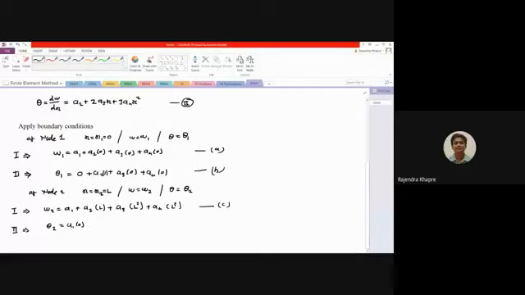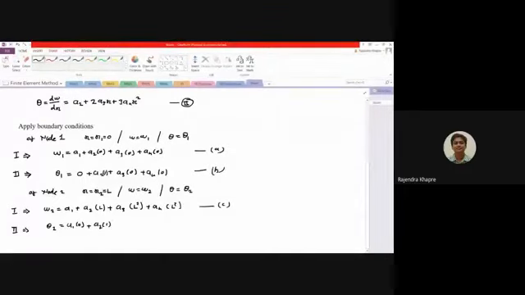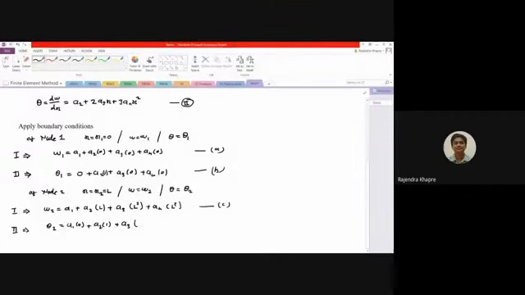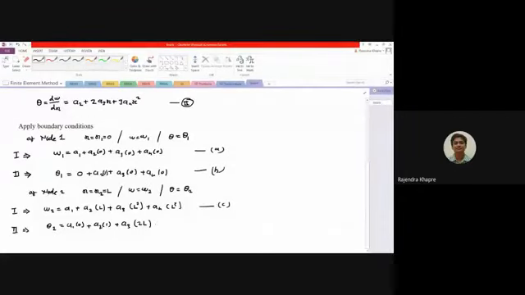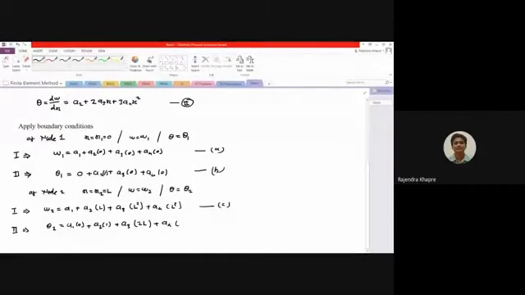Plus we have the a2 value multiplied by 1 because there is no L term. Then the a3 value has a multiplication factor of 2 into x, where x is now replaced with L. Lastly the a4 value is multiplied with a constant 3 into L square, because there is an x square over there. So this is your expression number d.